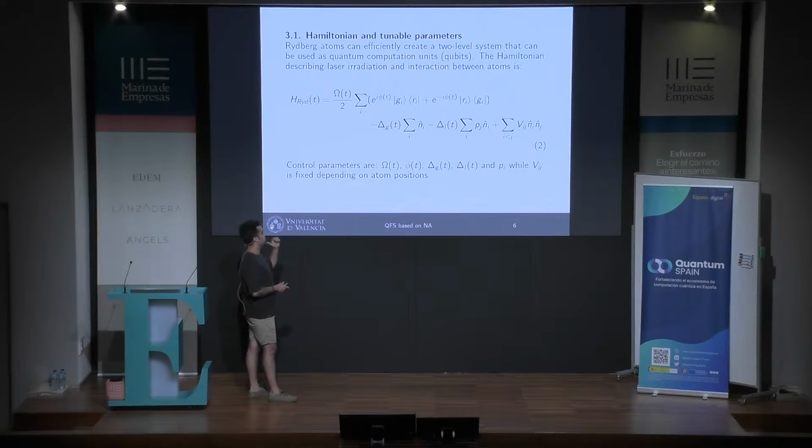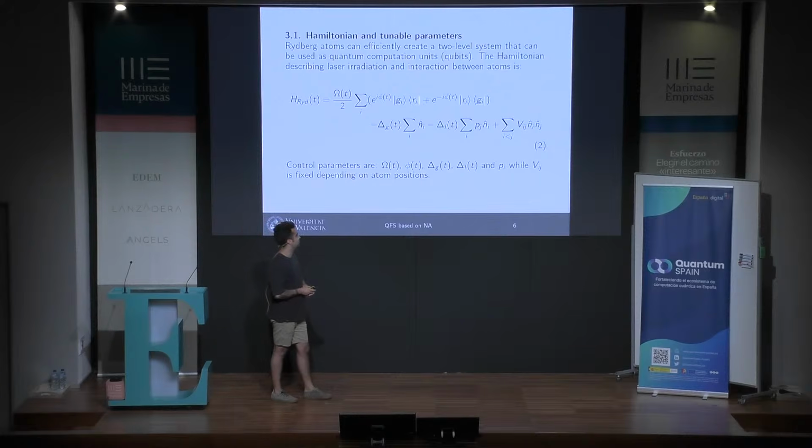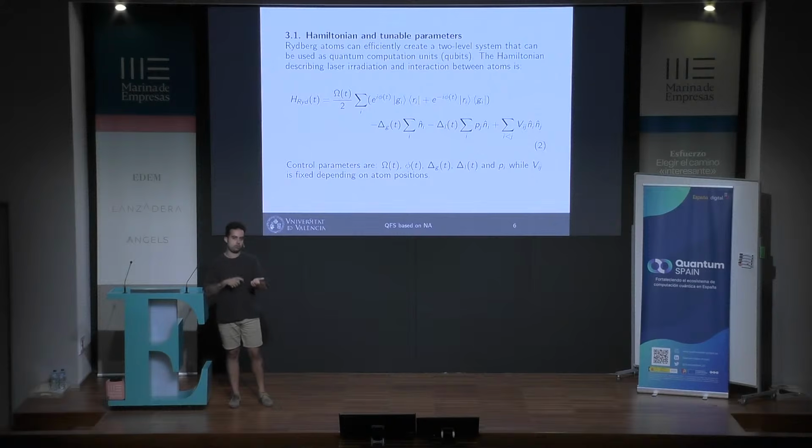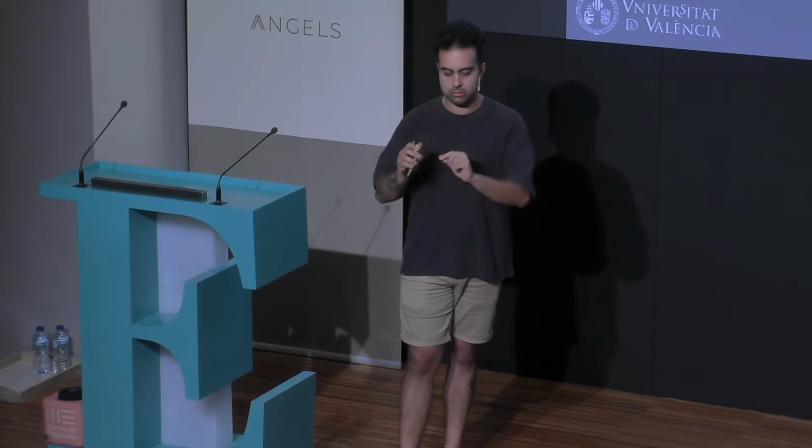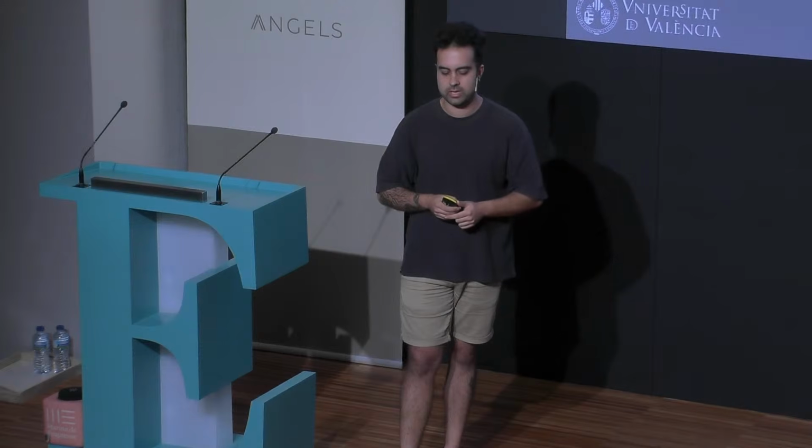We want to tune the omega parameter, which modulates the superposition and opens the system to different solutions, and also the global and local detunings, which make each of the atoms be activated or not. Of course, the global detuning acts on all atoms at the same time, and the local detuning acts on particular atoms we can select.